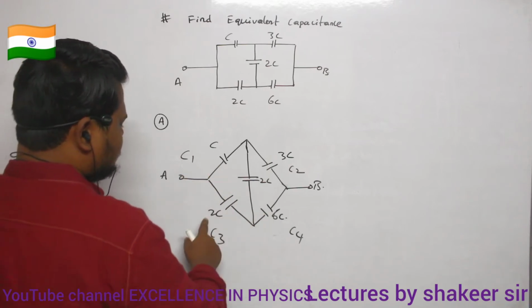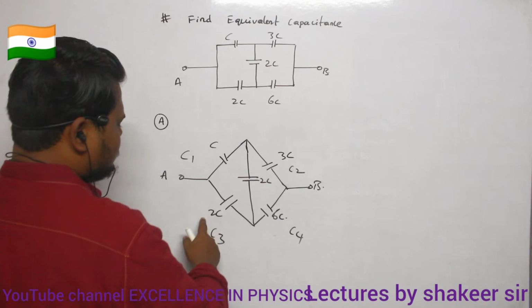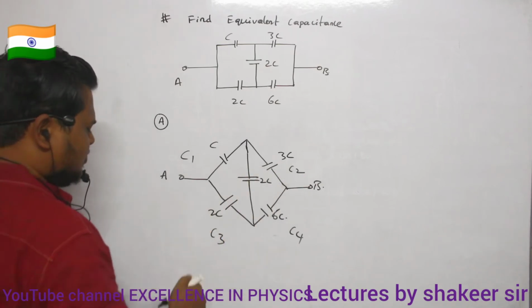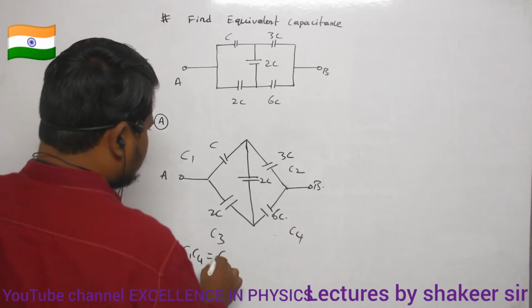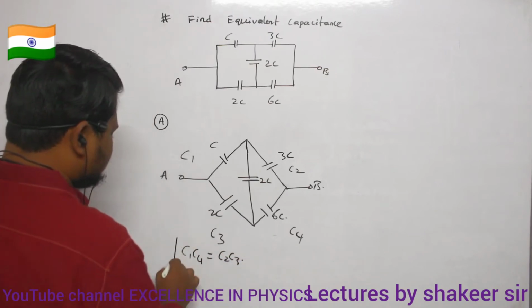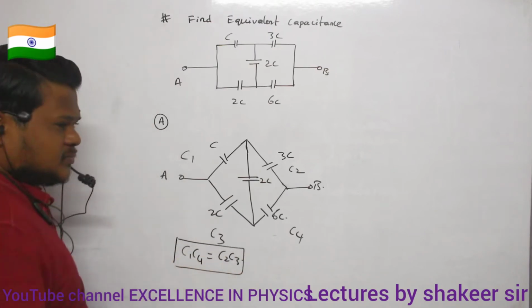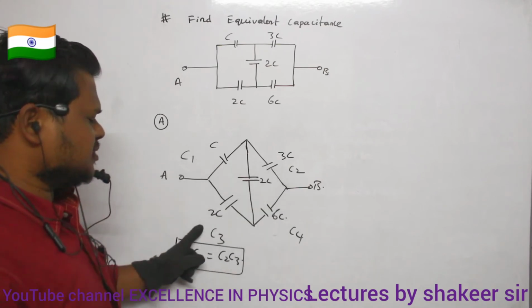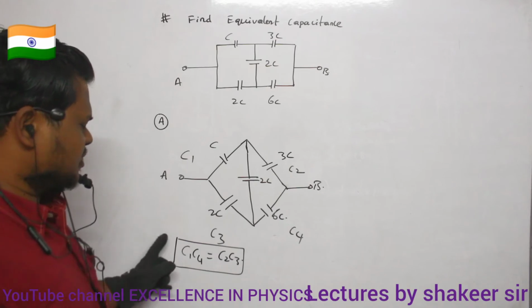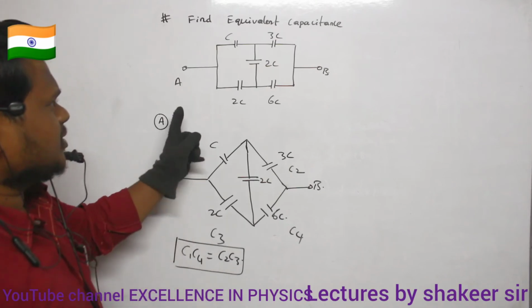This is equal to 2C into 3C. 2C into 3C is also 6C square. So here I can say that C1 C4 is equal to C2 into C3. This condition is satisfied, no?